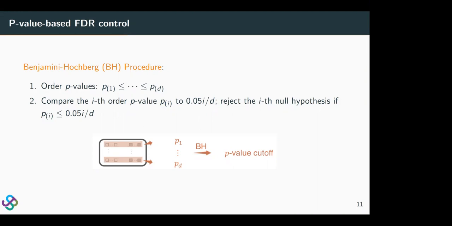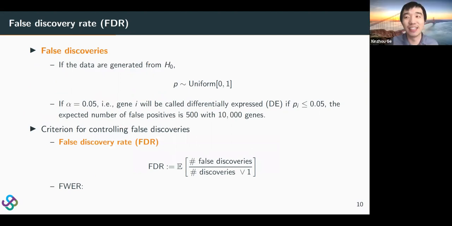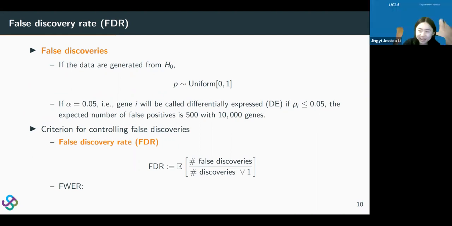I had a question about the alpha value of 0.05. Is that just a set number, or where is that coming from? I think that's a very good question. Xinzhou, maybe I can add one thing before you continue. Many of the practices we use nowadays were from Ronald Fisher, who lived 100 years ago and passed away around the 1960s.